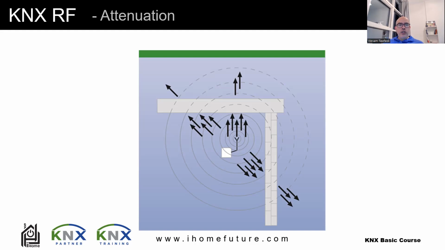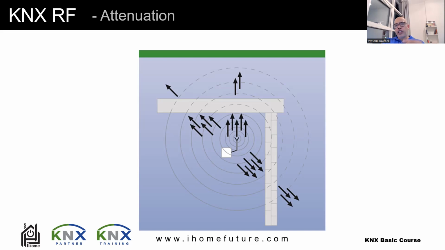Okay, let's talk about attenuation. Attenuation affects the signal in a bad way. Before the signal passes an obstacle like a wall, the signal strength is high, and then it might be lower after that. The factors that affect the attenuation are the type of the obstacle, so is it a wall, concrete, glass, or metal, and its thickness.